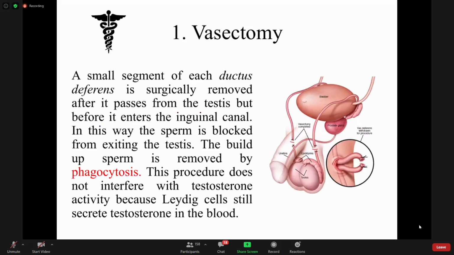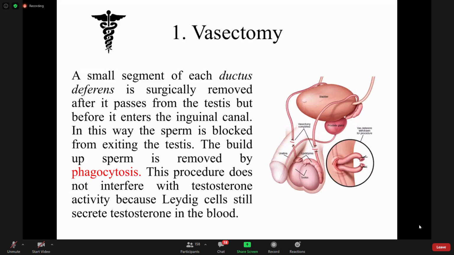In the occasion that men decide to stop having the ability to procreate, there is a procedure called vasectomy, in which the vas deferens that is going to pass from the inguinal canal to the neck of the bladder is going to be disrupted surgically.